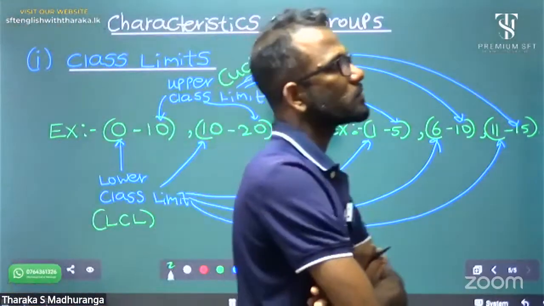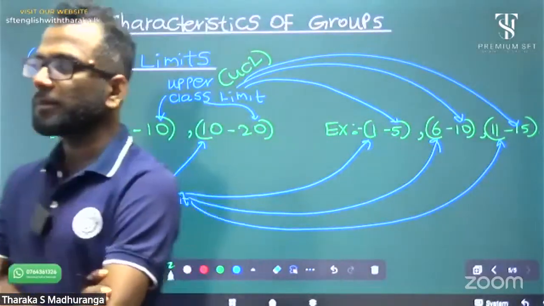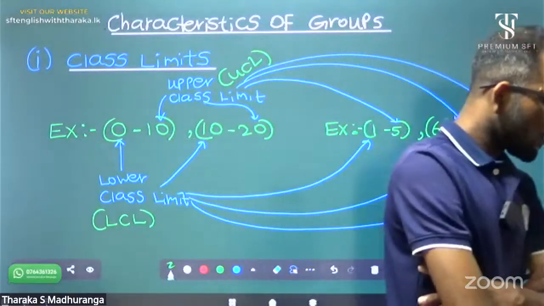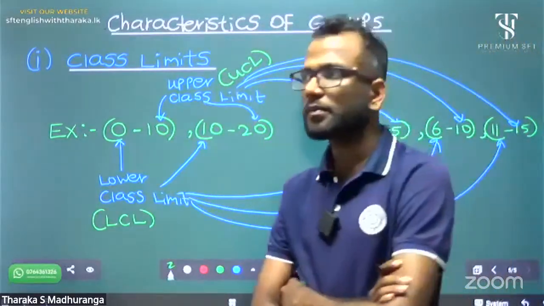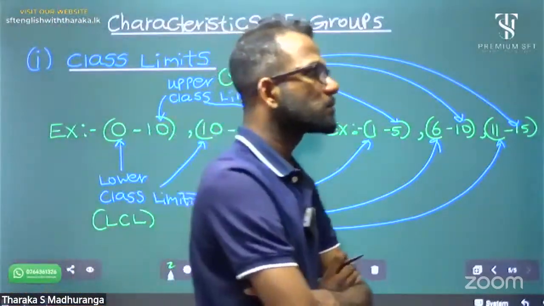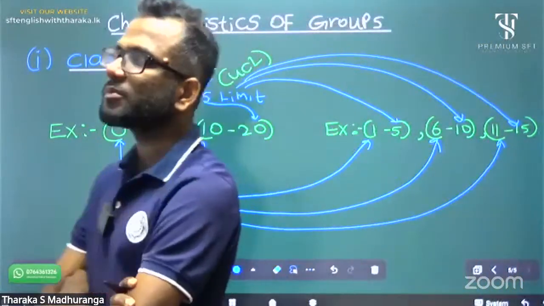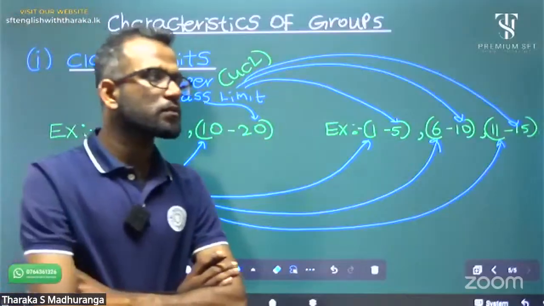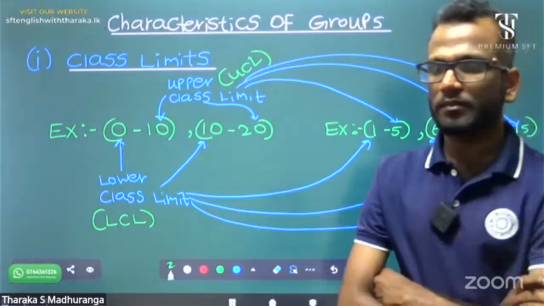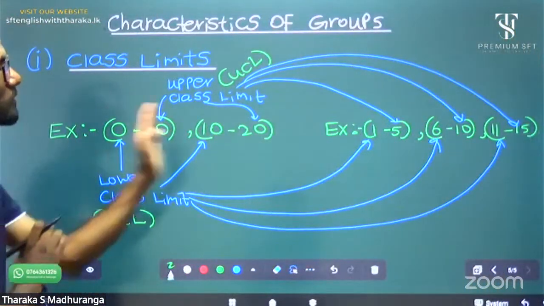Second point: the minimum value of any group is called the lower class limit, within brackets LCL, and the maximum value of any class is called the upper class limit, within brackets UCL. And note down this example.